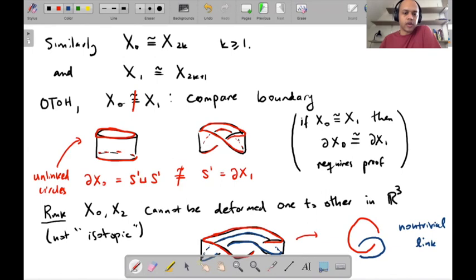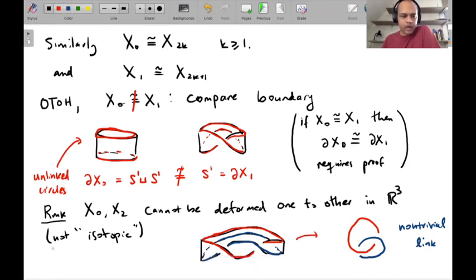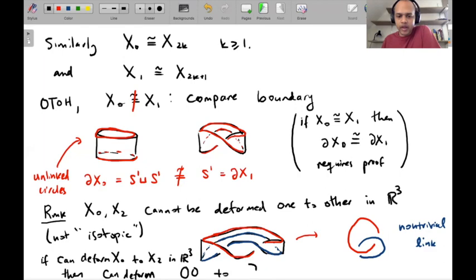And so the fact is that if you can deform x0 to x2 in R3, then it would have to be the case that you can deform the trivial link to this non-trivial link.